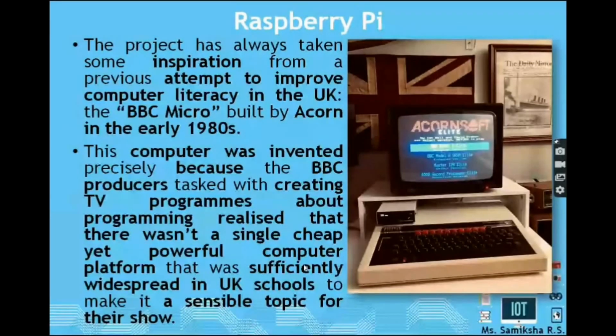Cheap enough so that the schools in United Kingdom could afford them. So there wasn't a single computer system available in the market at that time so that schools could easily afford them. And then this became the sensible topic for their show.